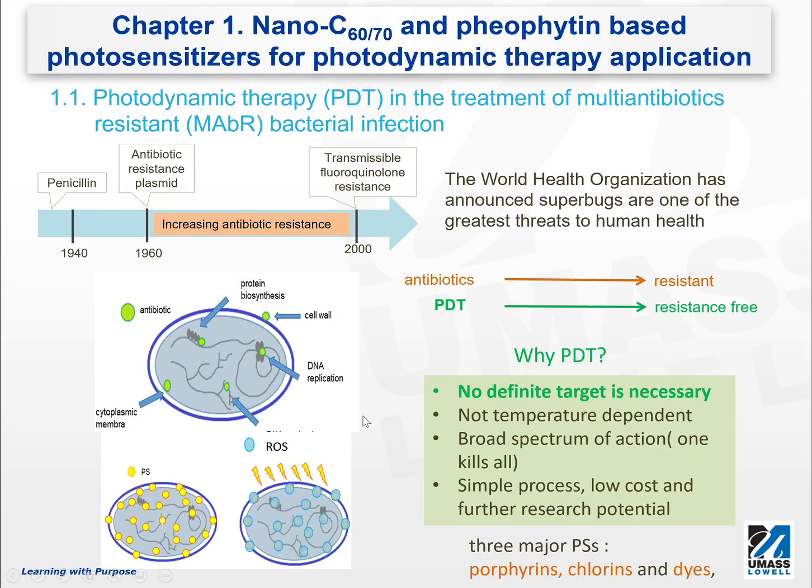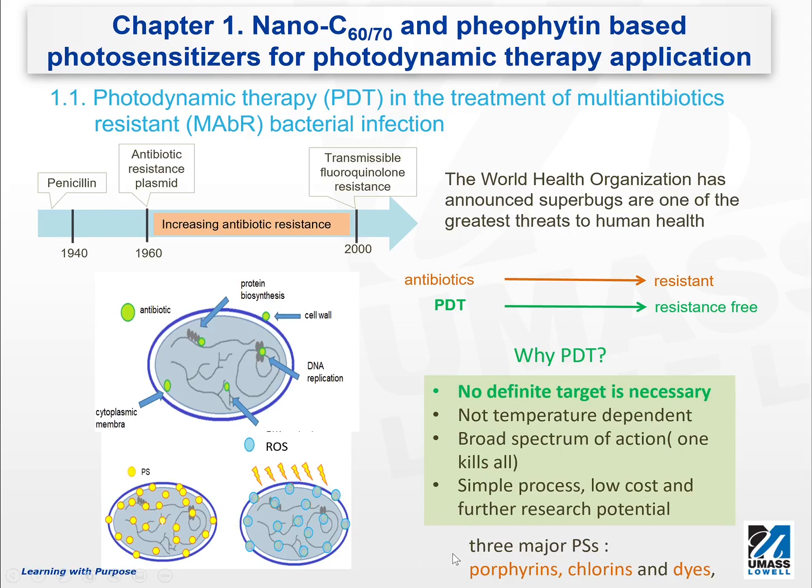And also, the whole photodynamic therapy process is not temperature dependent. It can be operated under either high or low temperature. And also the synthesizing or discovering of the photosensitizer might be less time consuming and the cost might be less. And also they have more further research potentials. All these are the advantages of photodynamic therapy.